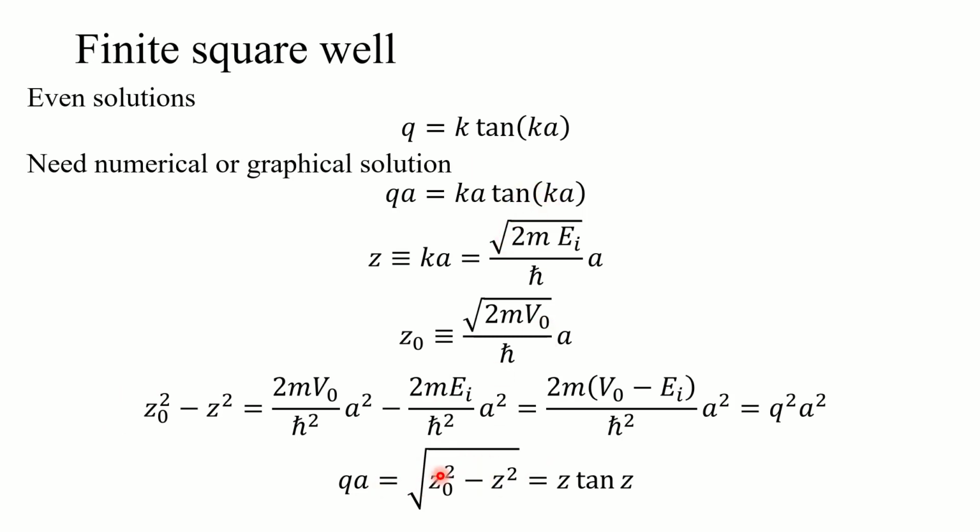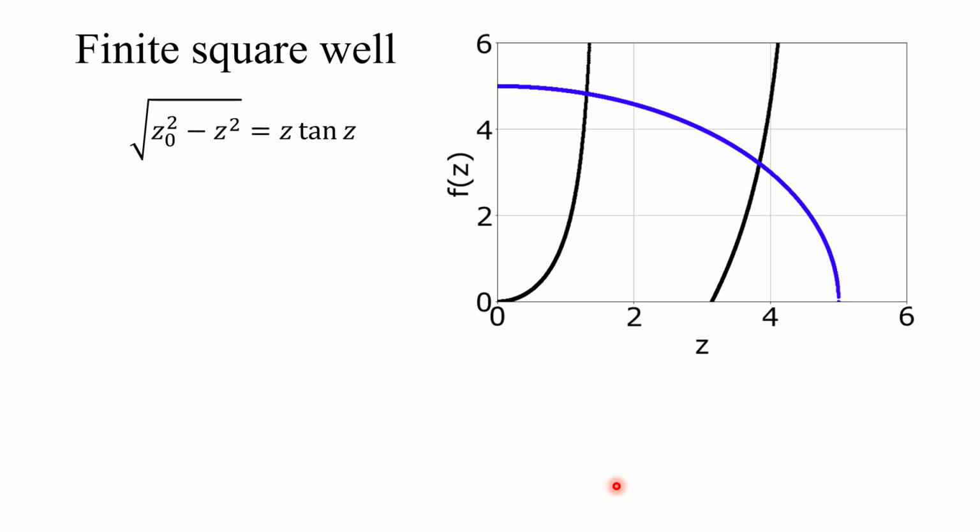So this is the equation we're going to solve. And if we can figure out the z that solves that equation, we've figured out the energies of that eigenfunction. So our strategy is going to be to plot the left-hand side and the right-hand side and see where they intercept. Where they intercept are the z's that satisfy this equation.